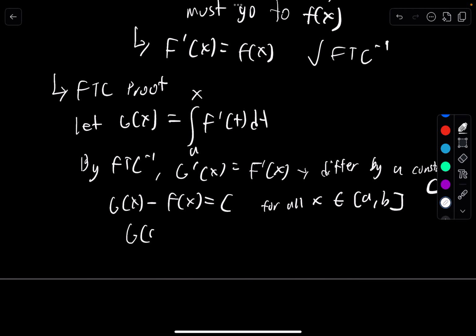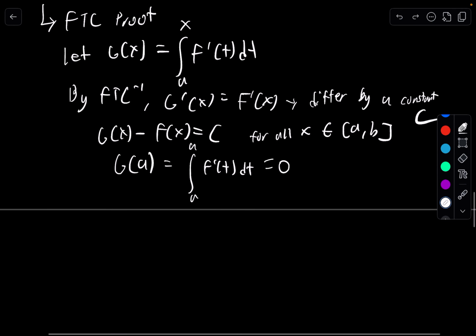We know that g of a is equal to the integral from a to a of f prime of t dt, and that's 0 because the limits are the same. The integral from 1 to 1 of anything is just 0. There's no area, no distance you covered for that function. Okay, so we know that.